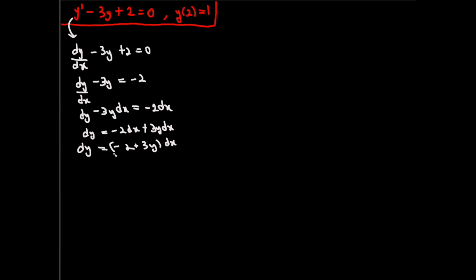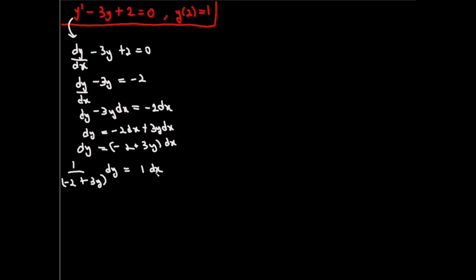Then bring this whole thing down here, so we get 1 over minus 2 plus 3y dy equals 1 dx. Okay, great.